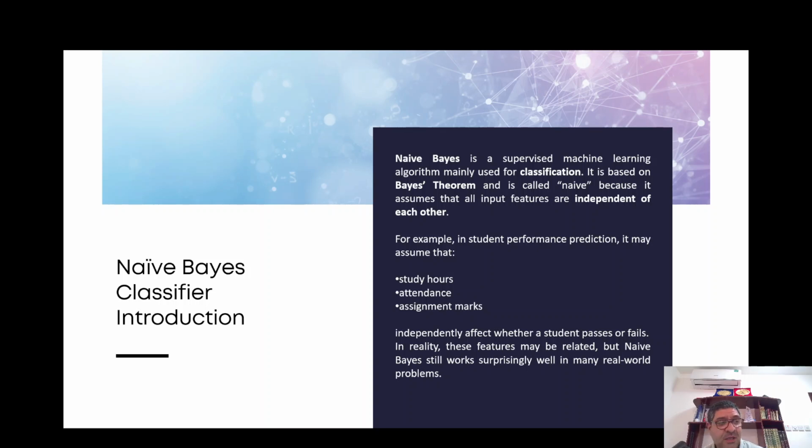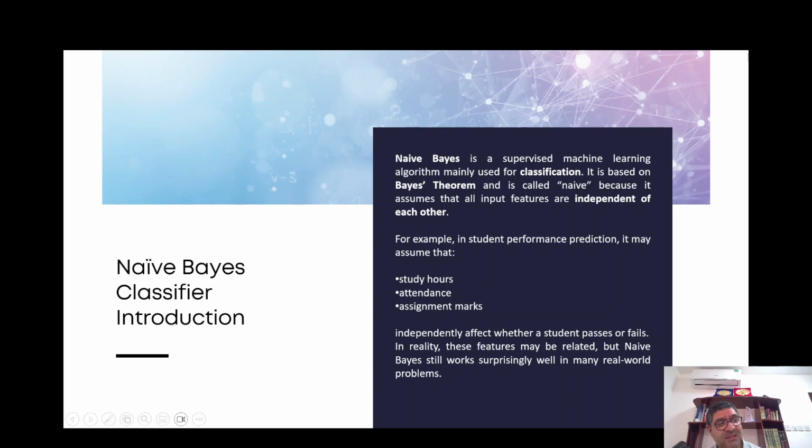In reality these features may be related, but naive Bayes still works surprisingly well in some real world classification areas, where it considers these as independent features and still provides a very good percentage of accuracy. So this is what naive Bayes is at its base.